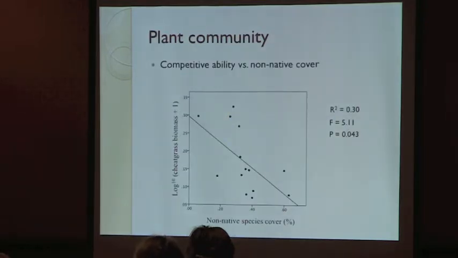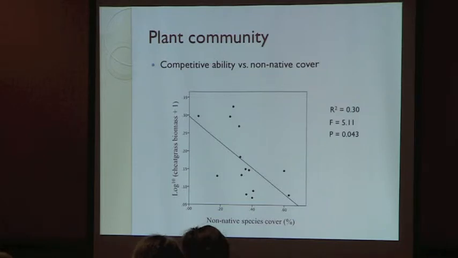So, what factors are responsible or could be driving these phenotypic changes? We looked at plant community composition. Lauren once again went out and analyzed vegetation on each site. And this is a very interesting figure and also very, very unsatisfying, from the point of view that almost all of these had very similar non-native species cover.